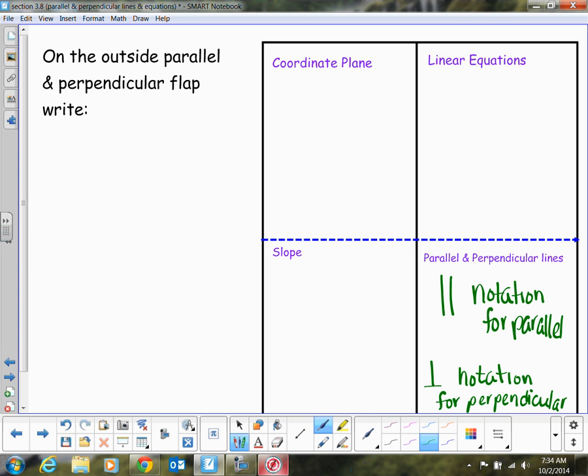There are two foldables you are going to bond with over the weekend, today, tomorrow, and Monday: this foldable and your corresponding and parallel line one.